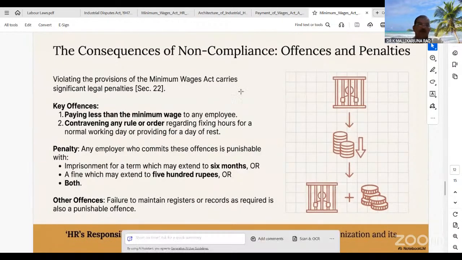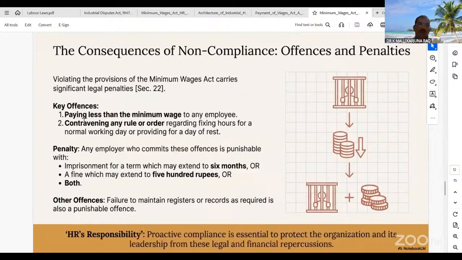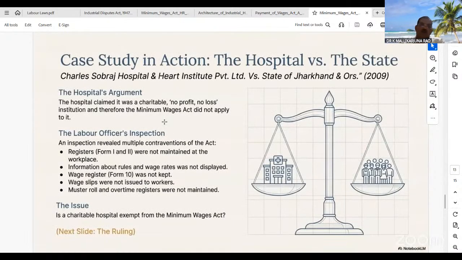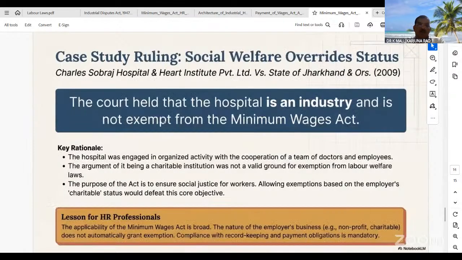And violating the provisions, these cases are there, such as paying less than the minimum wage and violating rules or orders. The penalty is also mentioned as per this act. For example, we can take a hospital versus state government case, and how the case is mentioned here. A social welfare case against the state is also mentioned.